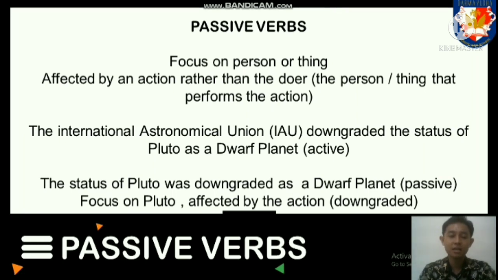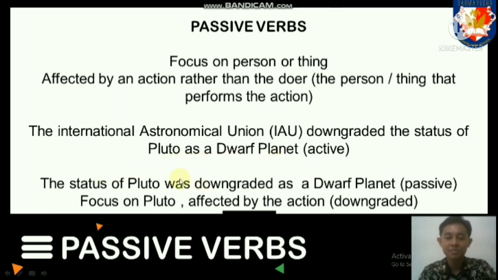And also the second one, as you can see here, the status of Pluto was downgraded as a dwarf planet. Okay, so you see, the second one here is passive, and the first one here is active, right? I think you can see it, right? So why is it passive? Because the object is in front of the sentence.